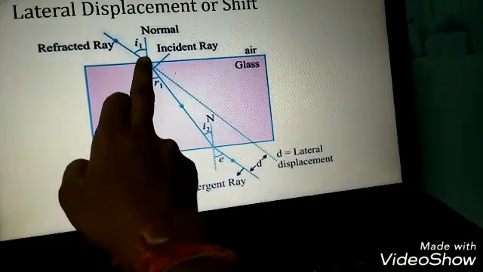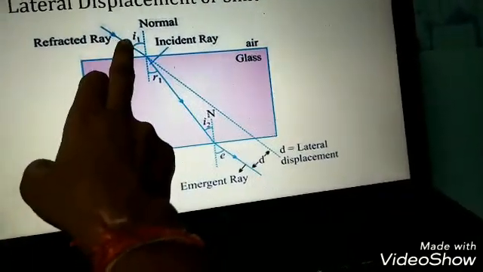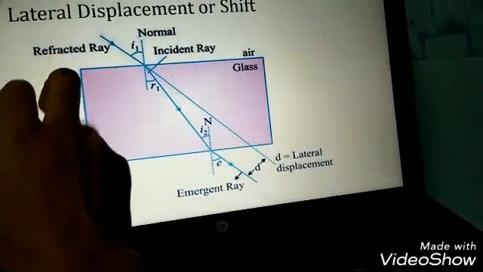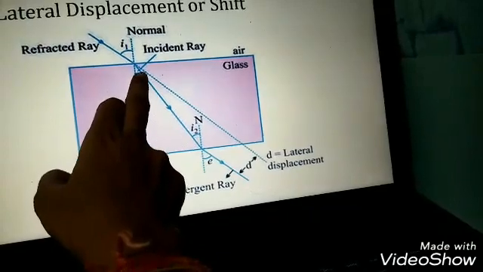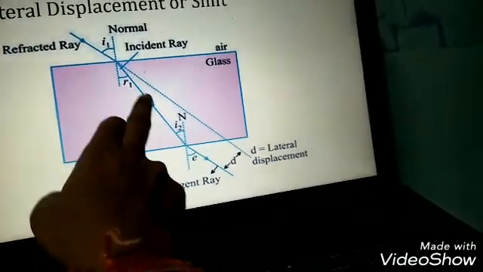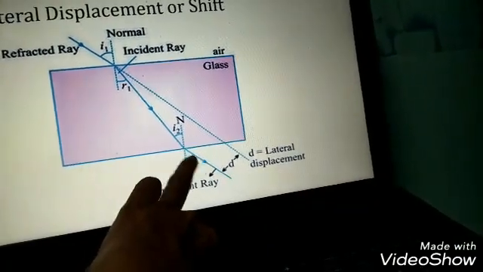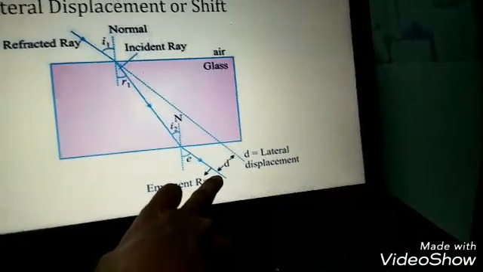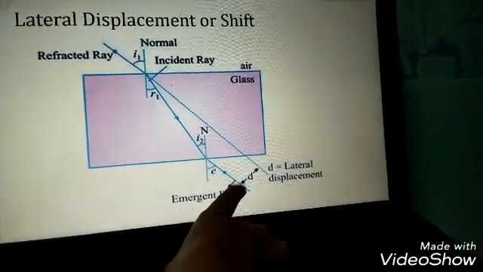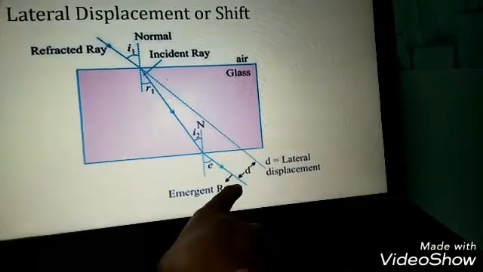Since it is refraction, now place a glass slab, and you can notice that the incident ray undergoes a slight refraction. It bends towards the normal, and again at the second interface it bends away from the normal, and now it comes out as the emergent ray. So this lateral shift or lateral displacement is the distance between the actual incident ray and the emergent ray.